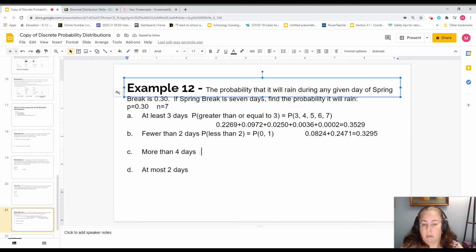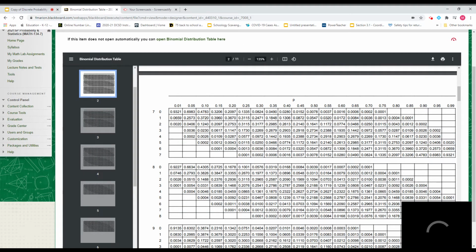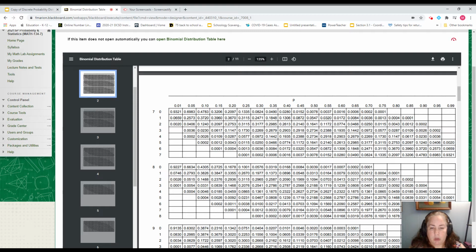Now, more than 4 days is greater than 4 days. So what numbers is that equal to? Greater than 4 would be 5, 6, and 7. And again, same n, same 0.3, and we want 5, 6, and 7.